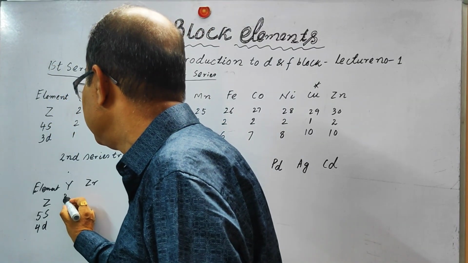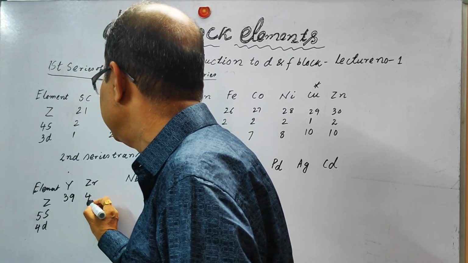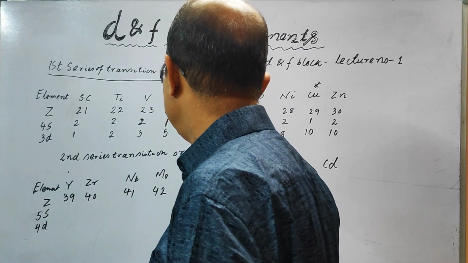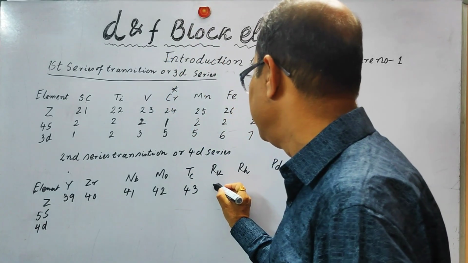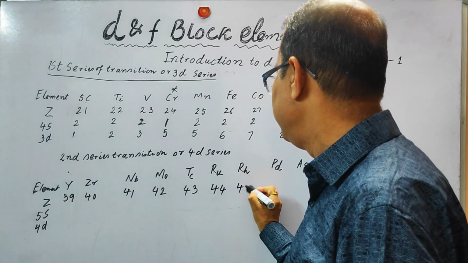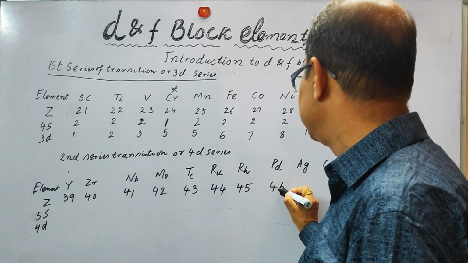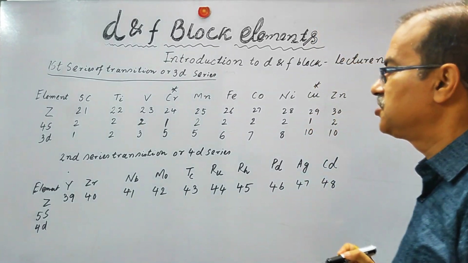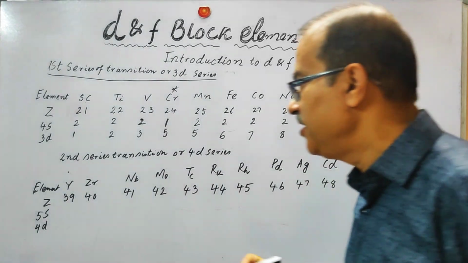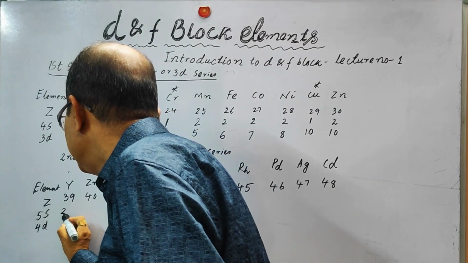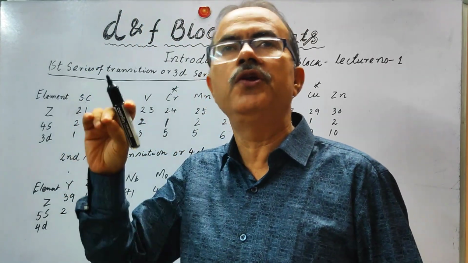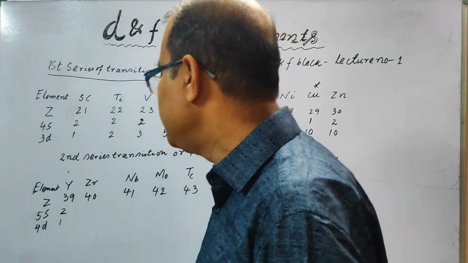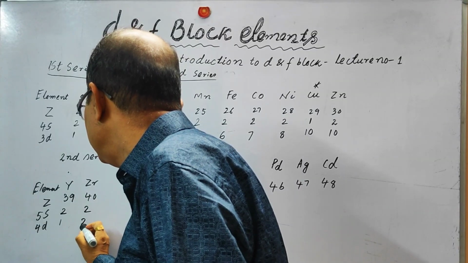Z starts from 39, then zirconium 40, 41, 42, 43, 44, 45, 46, 47, 48. So this is the second series, or 4d series. Here the 5s electrons are already filled. That is why the d orbitals are being filled progressively, 2, 2.